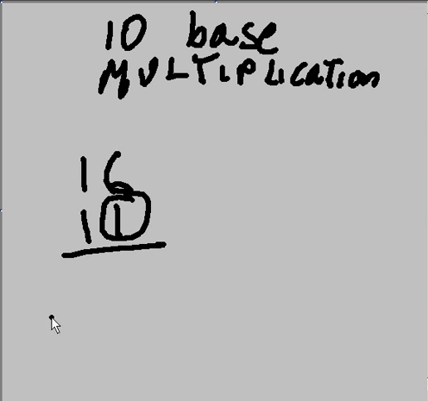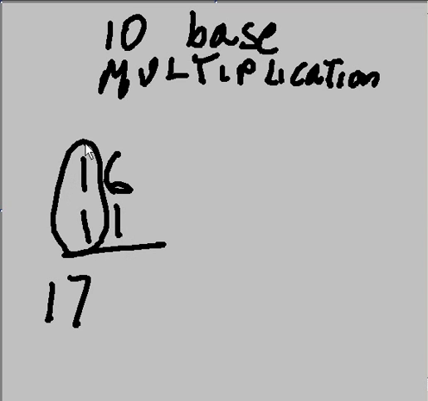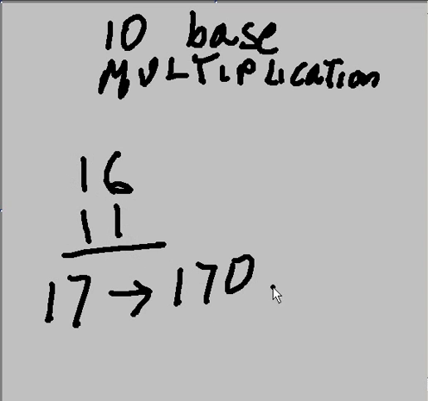We get what? 17. Yes? Yeah, 17. Times 10 yields 170. 6 times 1 is 6. 176. Ha! It worked.